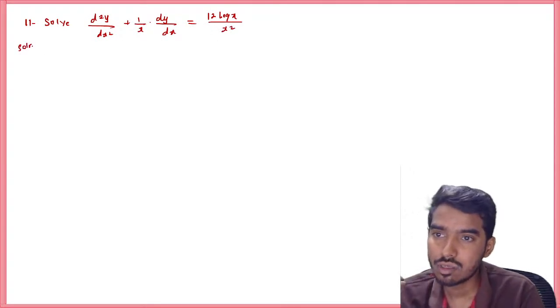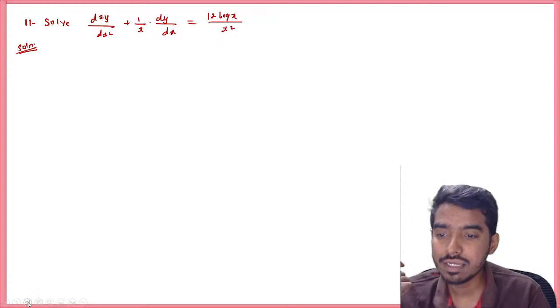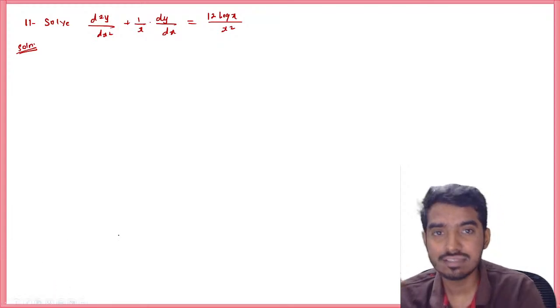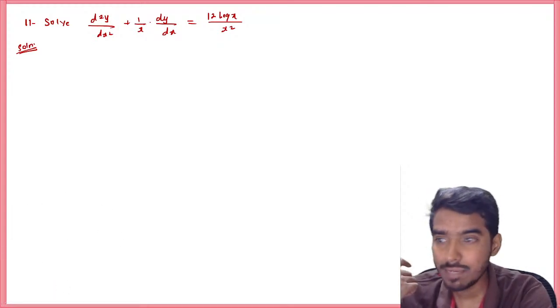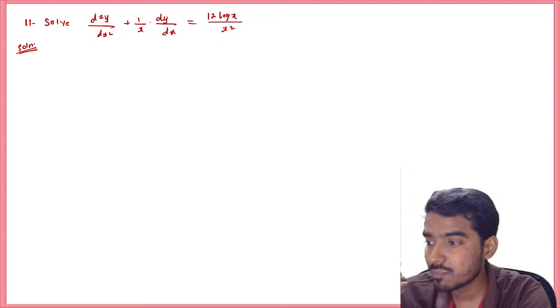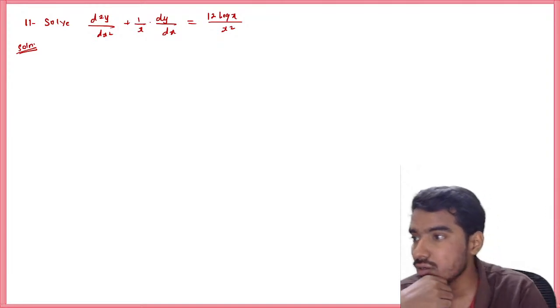Okay. So by looking at it, you can't judge that it is not Cauchy Euler. If you multiply by x square, what will happen? It will become Cauchy Euler, right?